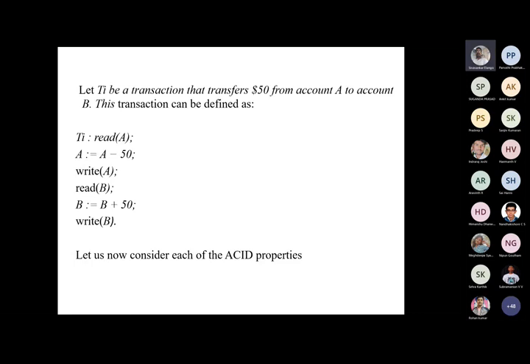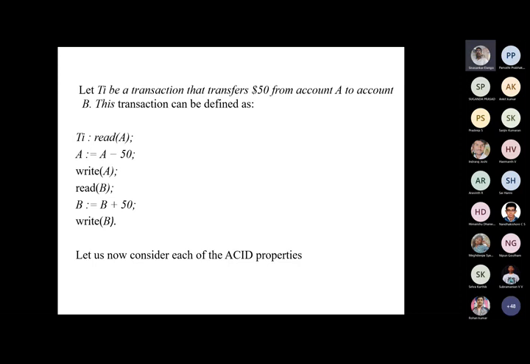So we have discussed this transaction. This is a simple example of transaction TI. You are going to number transactions T1, T2, and so on. Here it's a generic name T suffix I: read of A, A equals A minus 50, write of A, followed by read of B, B equals B plus 50, write of B, right?